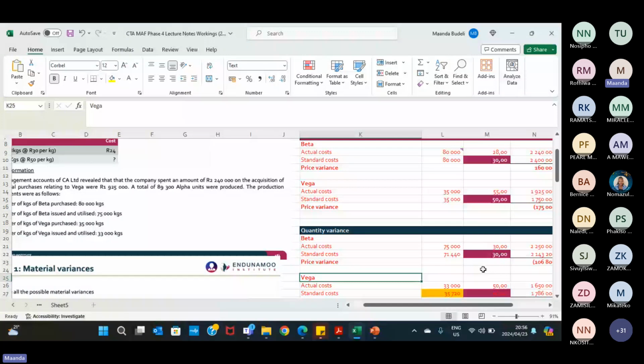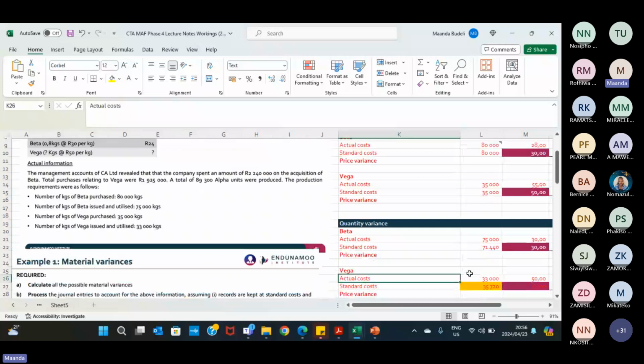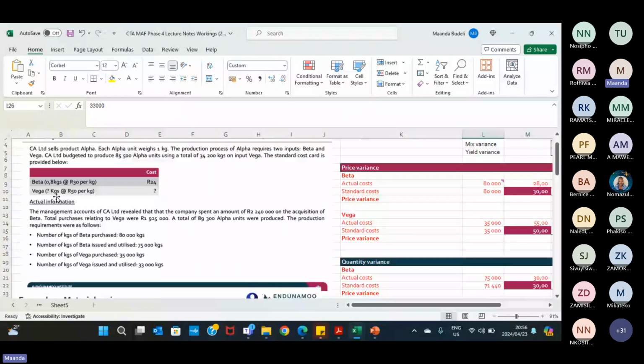Then my usage here becomes 33,000, right? So 33,000 will be my actual. But I know the kgs that I need. So that's why I'm saying now, in terms of kg, I can go back to this amount and say, I know this amount of units of 85,500 will use 34 kgs.